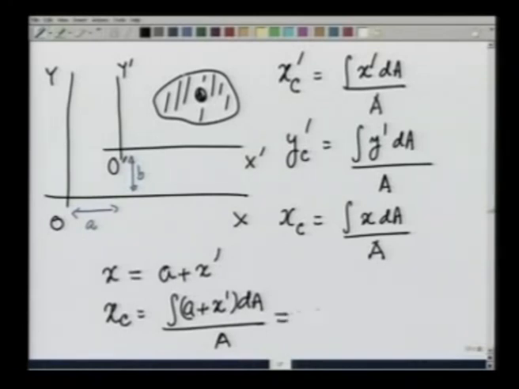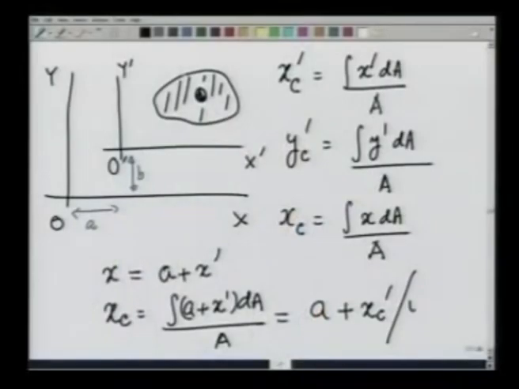So, this will come out to be a plus integration x prime dA over A, which is nothing but a plus xc prime. So, you see if I calculate the centroid with respect to a shifted coordinate system, the centroid shifts by appropriate amount so as to remain at the same point in the body. And similarly, you can show that yc will be equal to b plus yc prime, which I leave as an exercise for you.